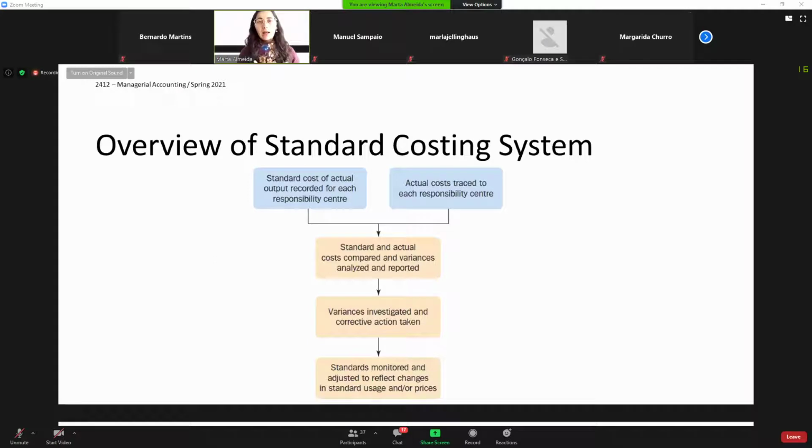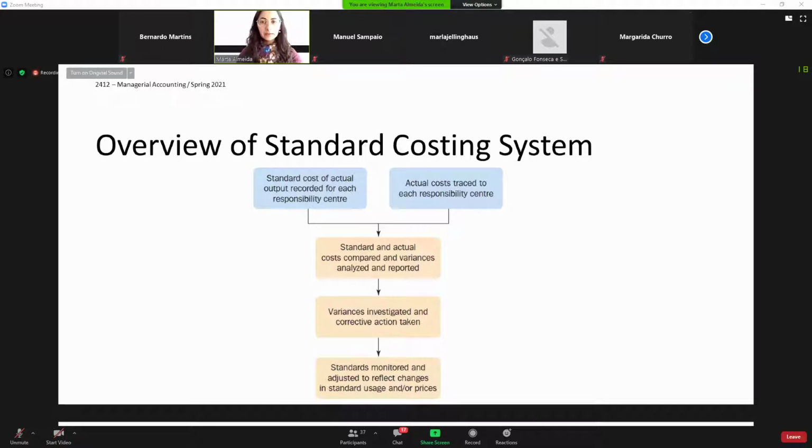It just happens to also be called a costing system, but we don't use it to allocate indirect costs. We use it to prepare the budgets.